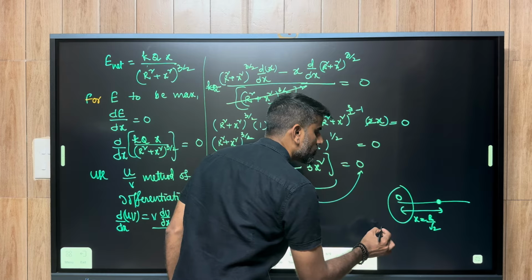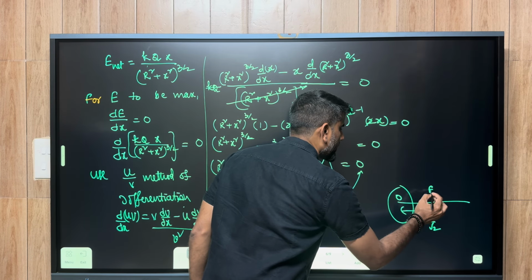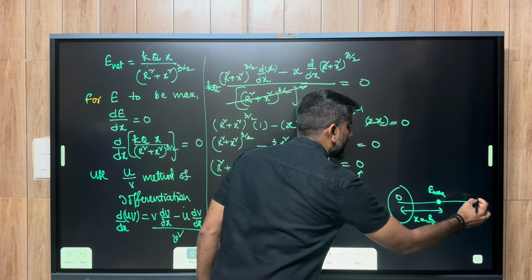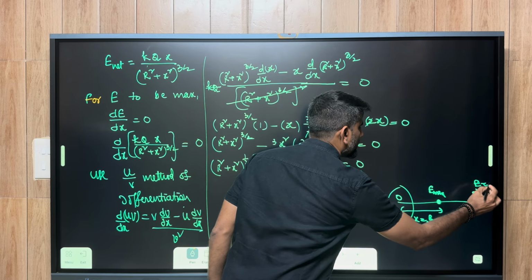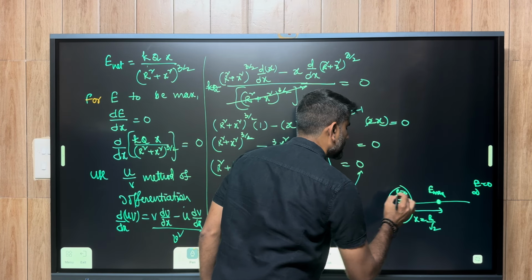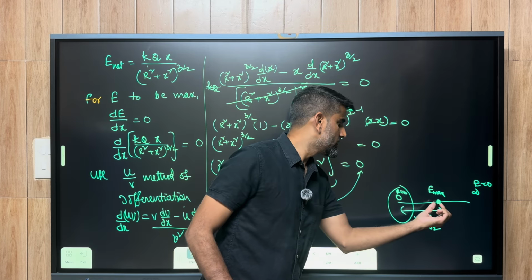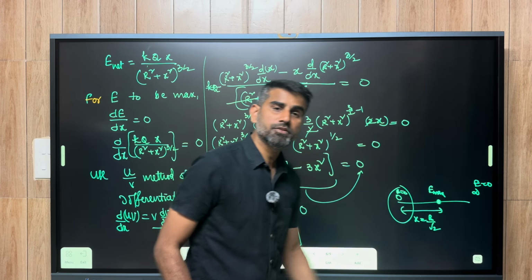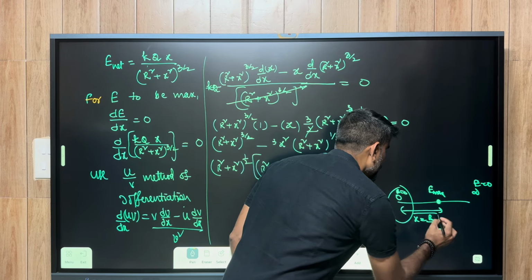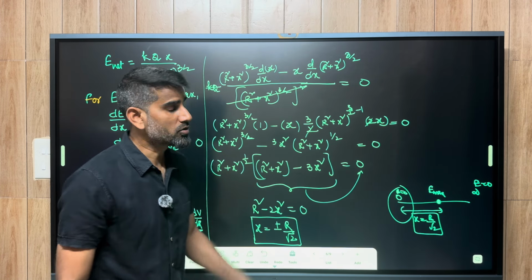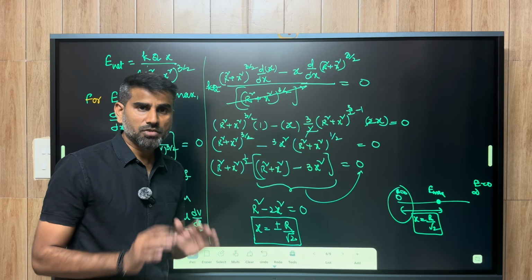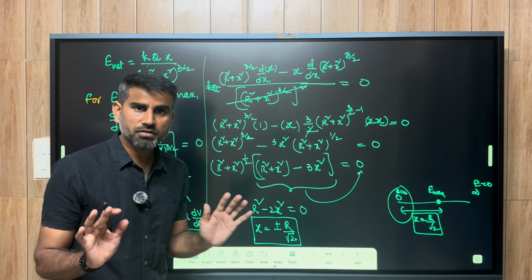At the center the electric field is 0, at this point the electric field is maximum, and at infinity it is again 0. In between center and infinity there is some point where the electric field is maximum, which is x equal to r by root 2. Is my point clear?